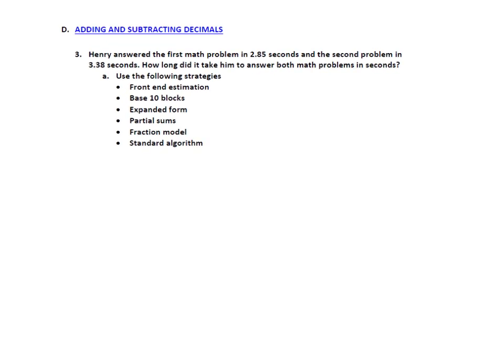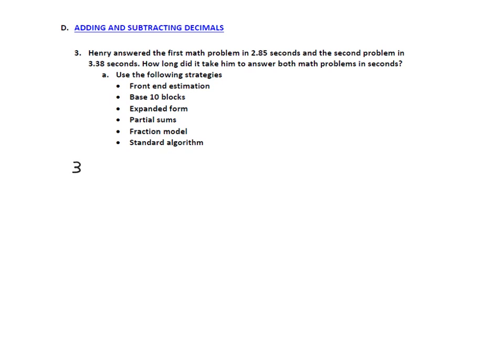Fraction model would be 3 and 38 hundredths. Now that's going to be the same. Notice that the 8 is in the hundredths place. So we would say 338 hundredths plus 2 and 85 hundredths. The 5 is in the hundredths spot, so we would say 285 hundredths.